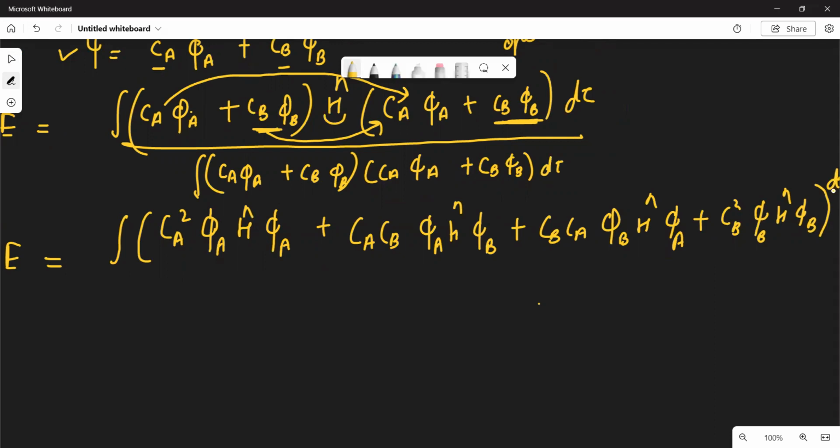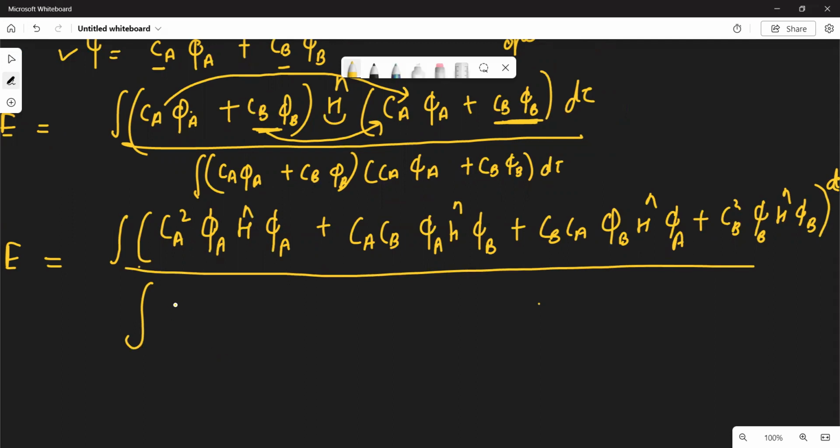Here we have d tau divided by, and we solve the lower term also. So here also we will get Ca squared. Now here we don't have any Hamiltonian operator, so we can write phi A into phi A, that is phi A square.